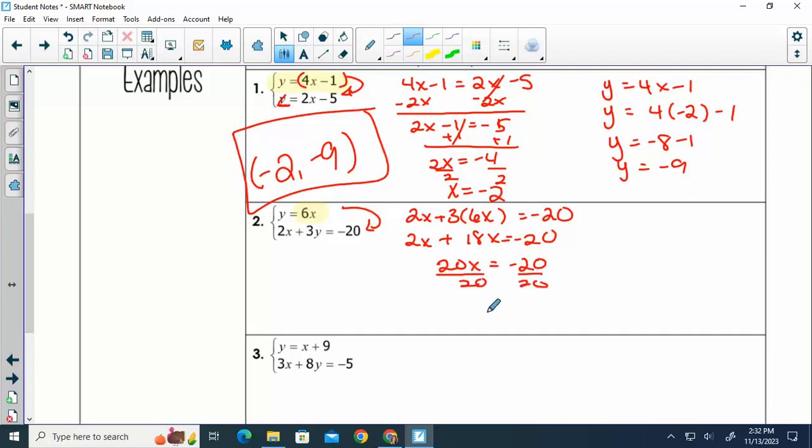Divide. And x is -1. Once we have x, we can plug it into either of these equations. Let's just go with the first one though. It was y equals 6x.